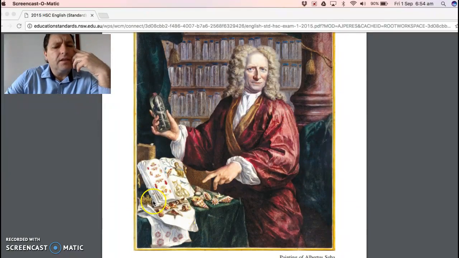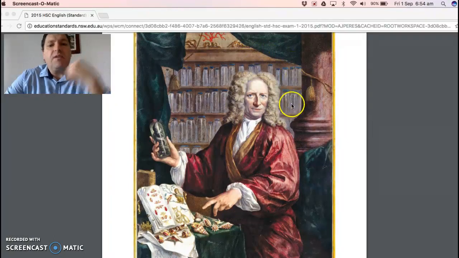The discovered objects are in the front of the image, therefore they're given priority, they're given salience. There's a vector of his hand pointing down to the discovered objects. This man here is central to the picture itself. He's surrounded by discovered objects.